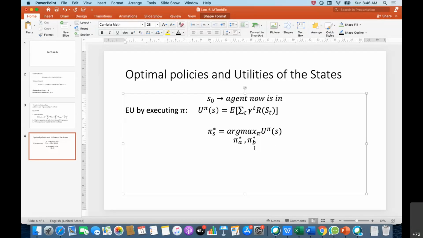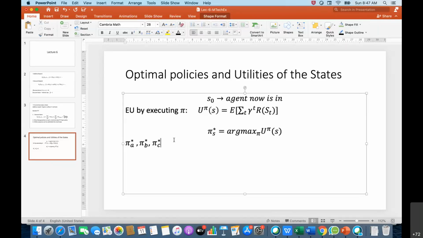Any other optimal policy could be there, for example, say, pi star C. Now since all of those optimal policies belong to the same finite horizon, and just the beginning states are different, all the optimal policies should be the same.